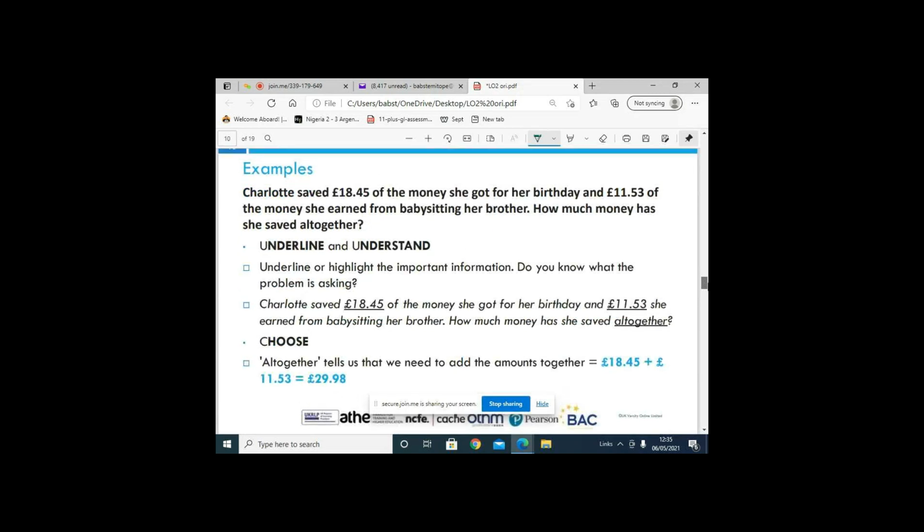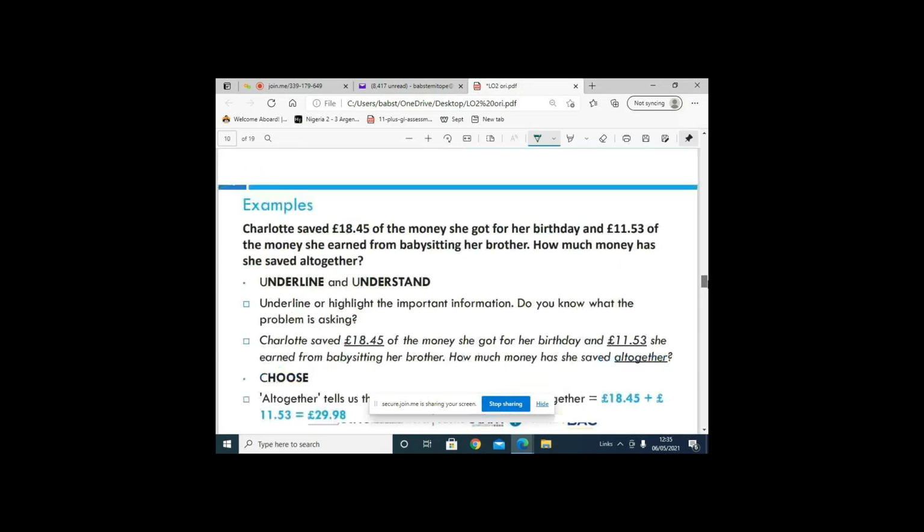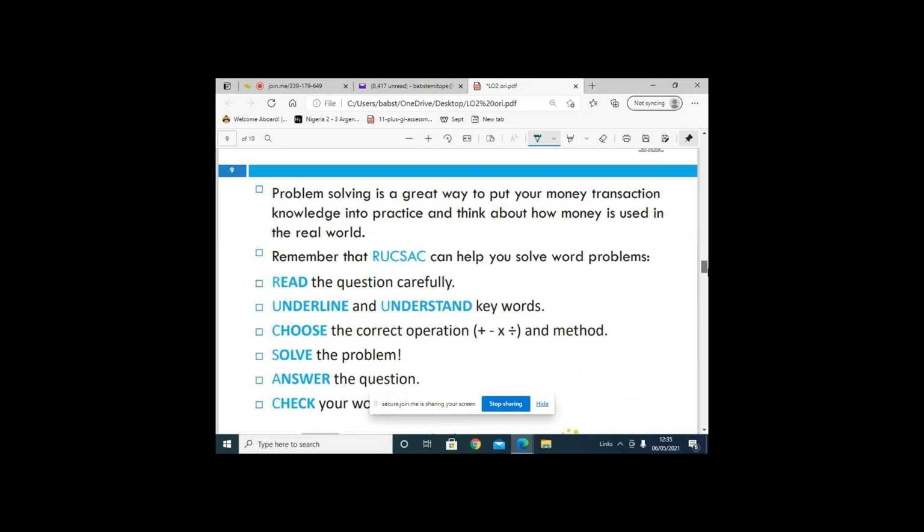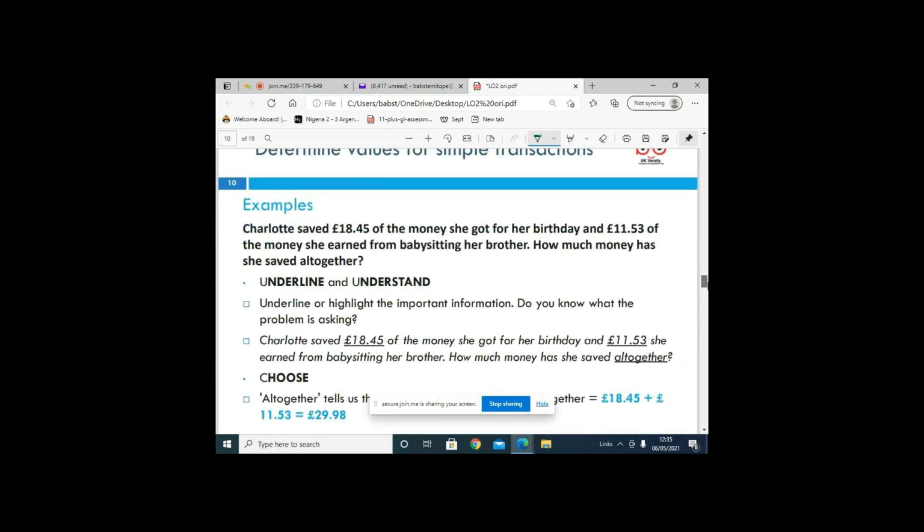So let's look at an example now. Don't forget we're going to do RUCSAC. So the first thing you have to do is read. Charlotte saved £18.45 of money, and she got for her birthday £11.53, and she earned money from babysitting her brother.